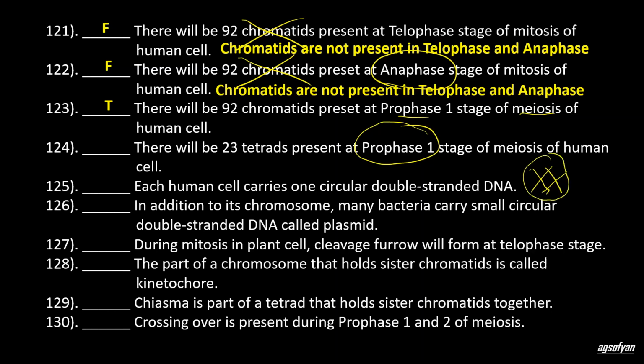The tetrad will have 2 chromosomes with 4 chromatids. Because there are 46 chromosomes, if every 2 combine to become a tetrad, you only have half the number of tetrads compared to the number of chromosomes. So human have 46, then the tetrads will be 23. So that should be correct.